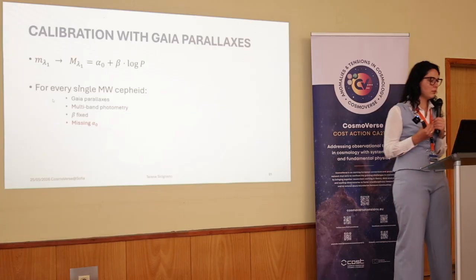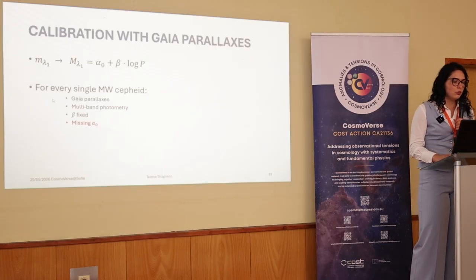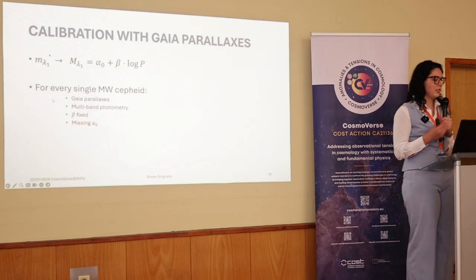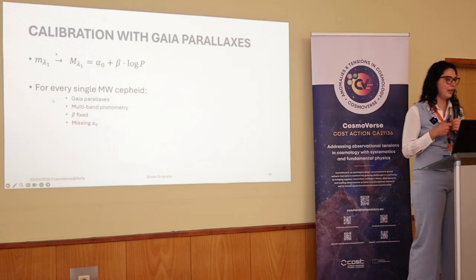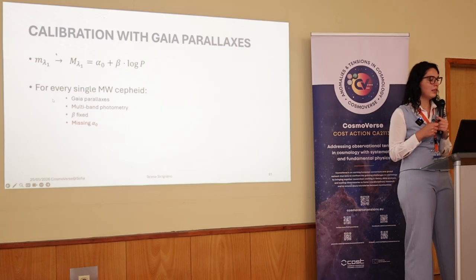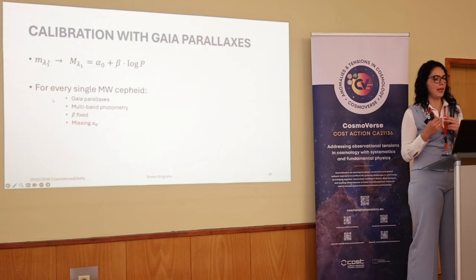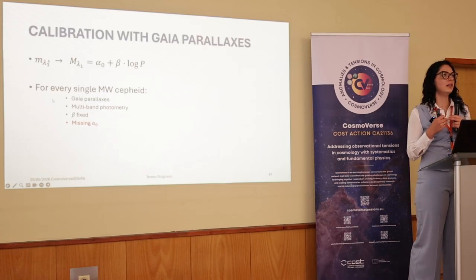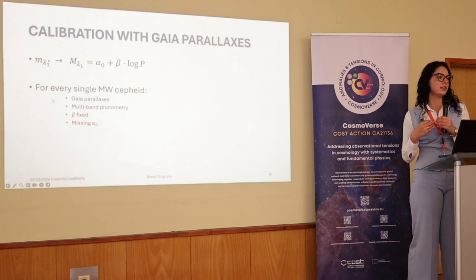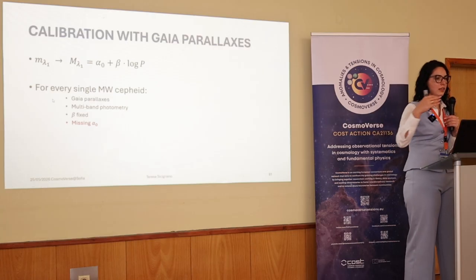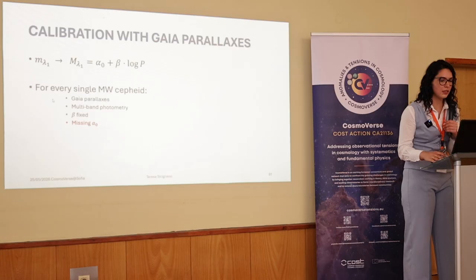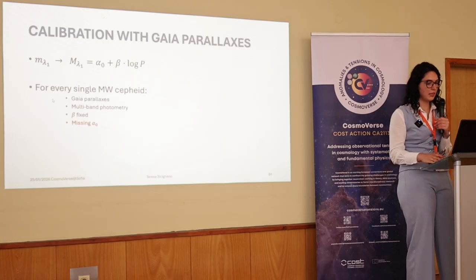How is this possible? For every single Milky Way Cepheid, we have the Gaia parallaxes, we have multiband photometry, and we also have beta, the slope, because we can retrieve the slope from other galaxies, and we are missing alpha zero.